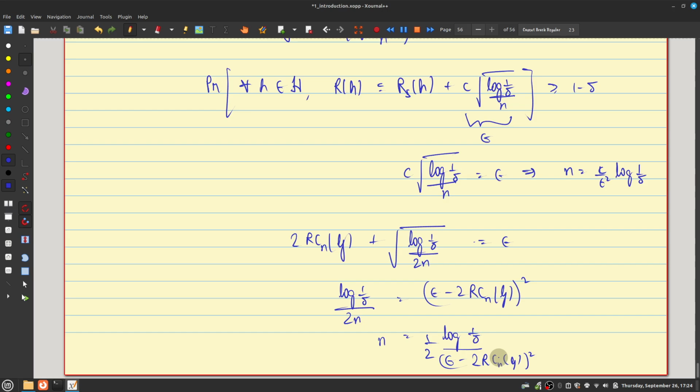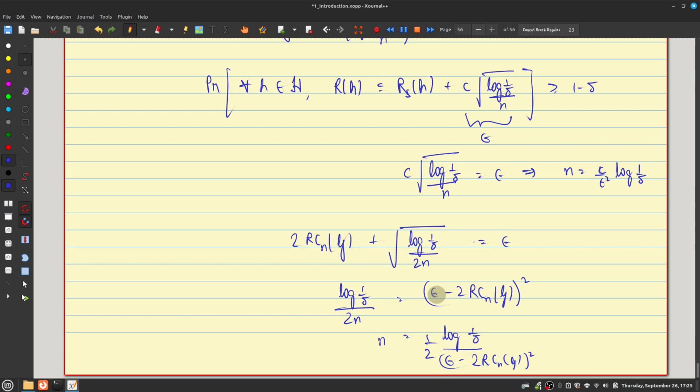You can't solve. Why can't I solve? Correct, you're right. Suppose that the Rademacher complexity were something that, let's say, decayed as 1 over n. Or suppose that the Rademacher complexity were bounded.